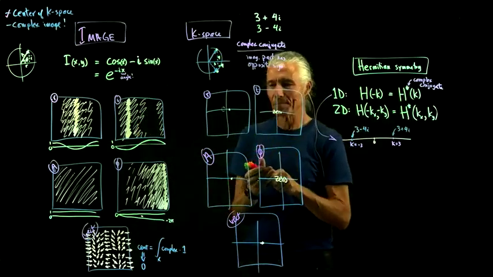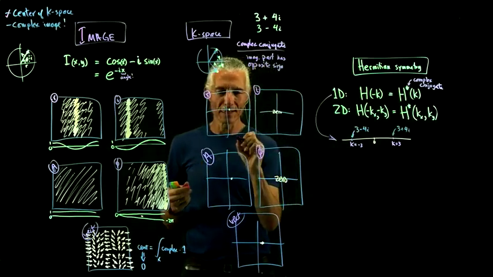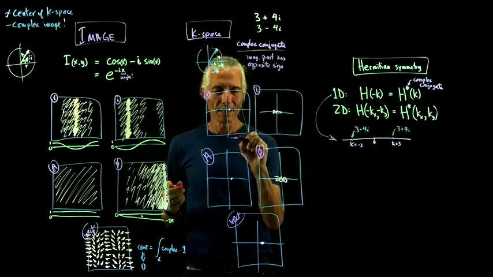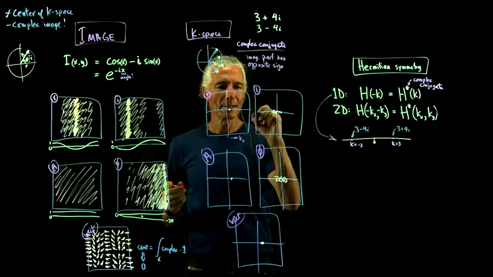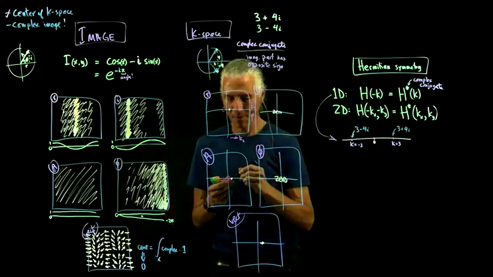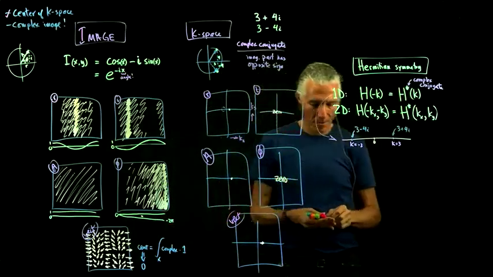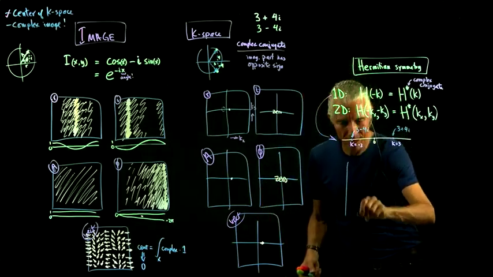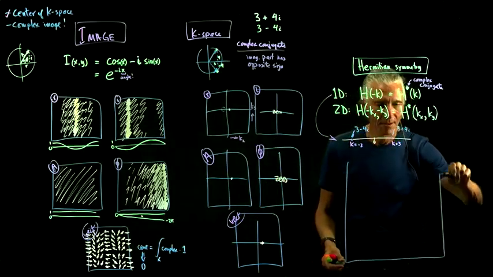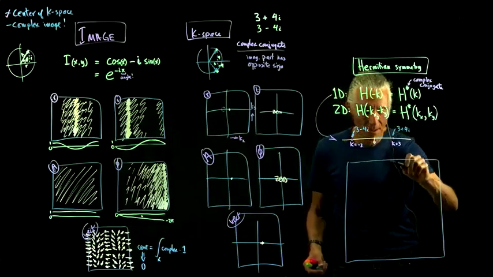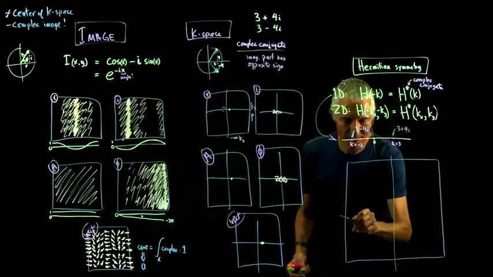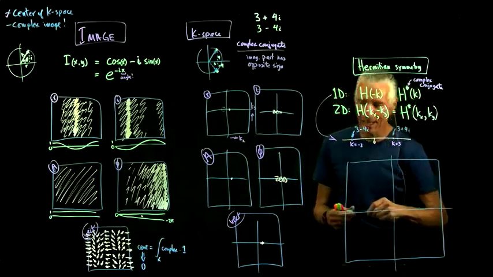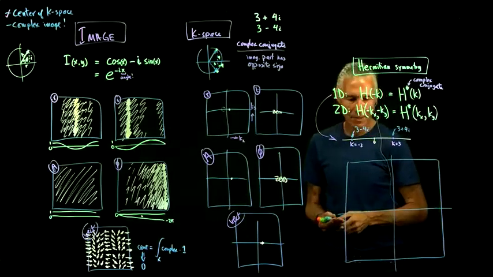This is the kx direction in k-space, and this is the ky direction. What does the Hermitian symmetry look like? Let's draw a bigger k-space down here so we have some room to write. With a real image, k-space is kind of redundant.